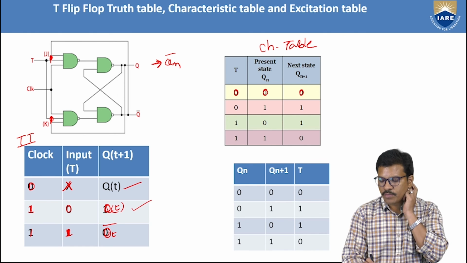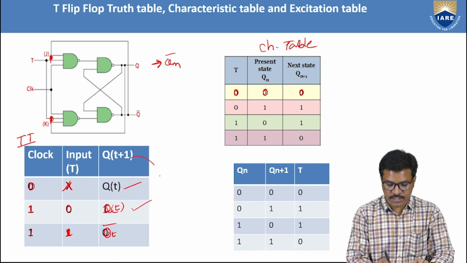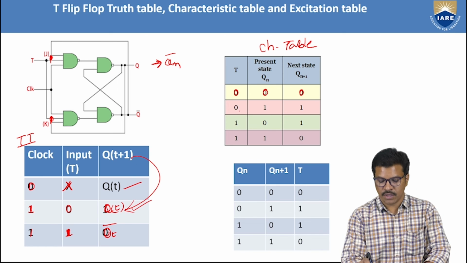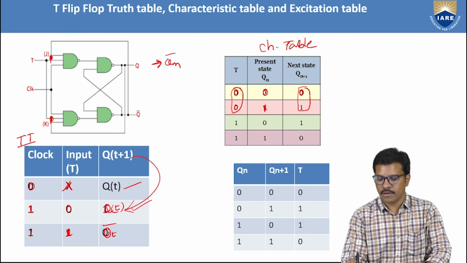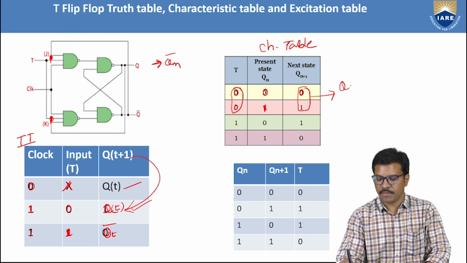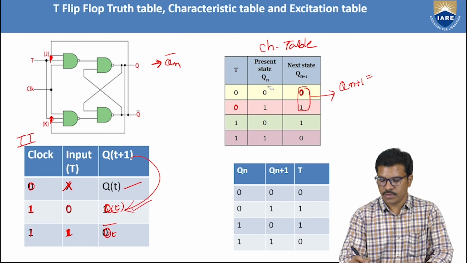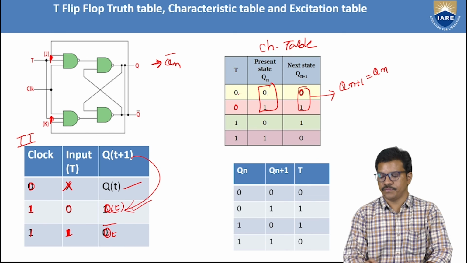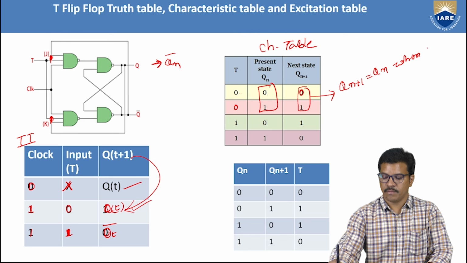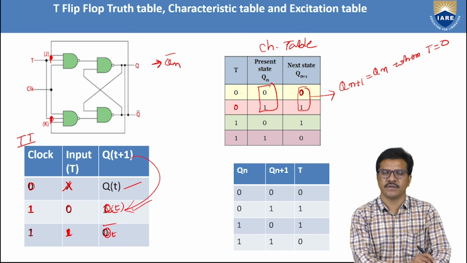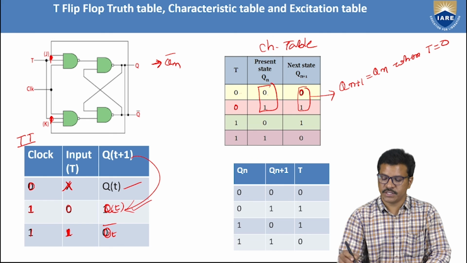Next state is equal to present state because Qt plus 1 is equal to Q. When T is 0, irrespective of present state, just copy. Qn plus 1 is equal to Qn when T is equal to 0, because T equal to 0 means unchanged in the JK flip-flop. So T is 0 means J0, K0.